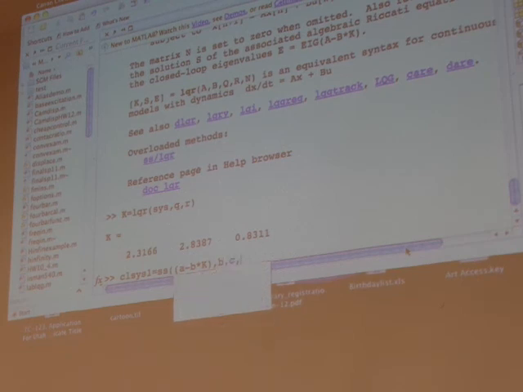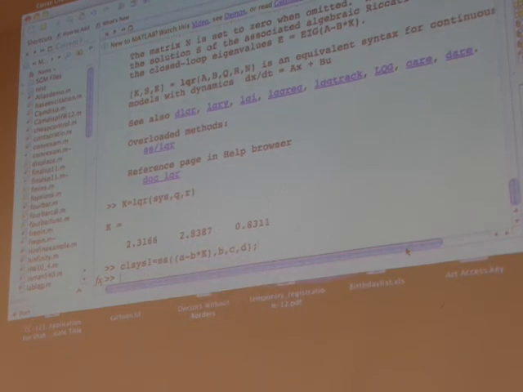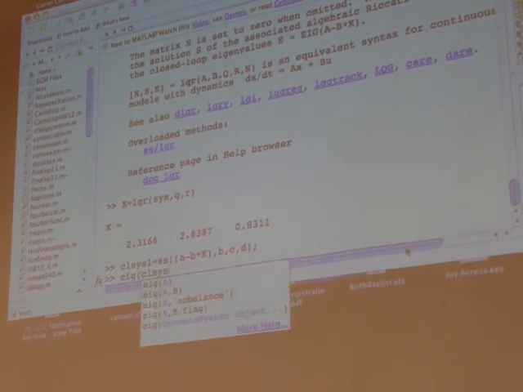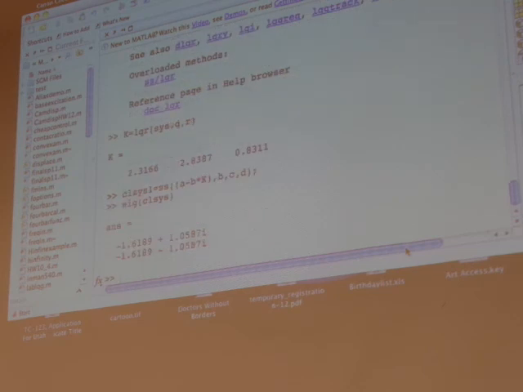Same B, same C, same D. One thing that's interesting, you might say, where are the eigenvalues supposed to be? Right, I have, oops, one.